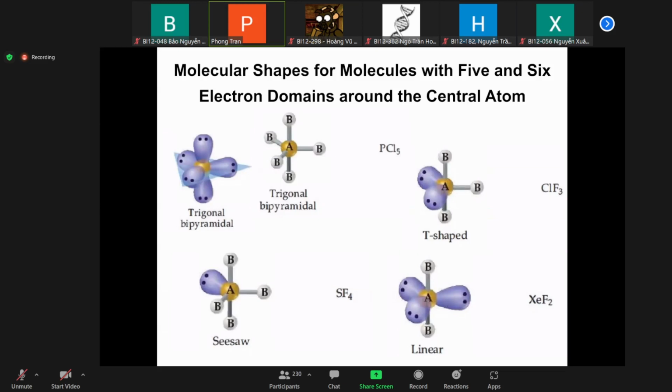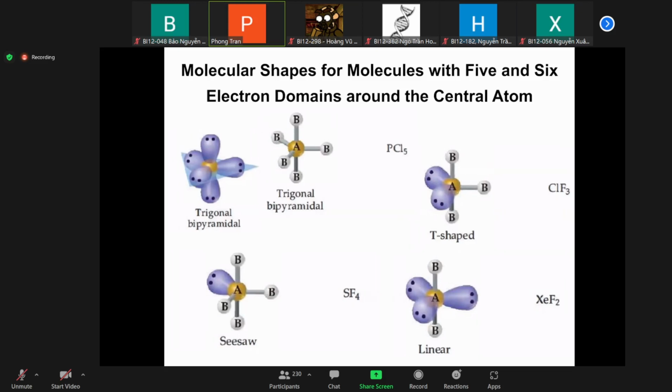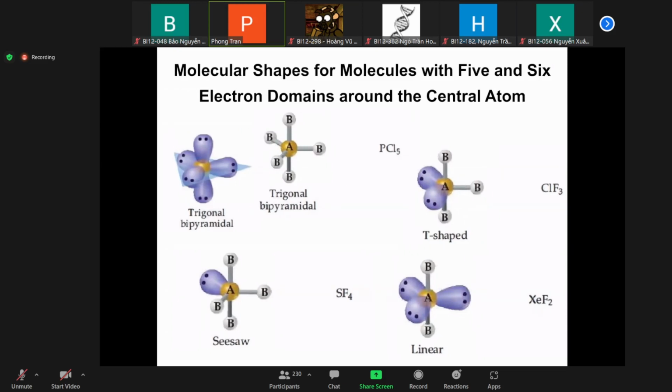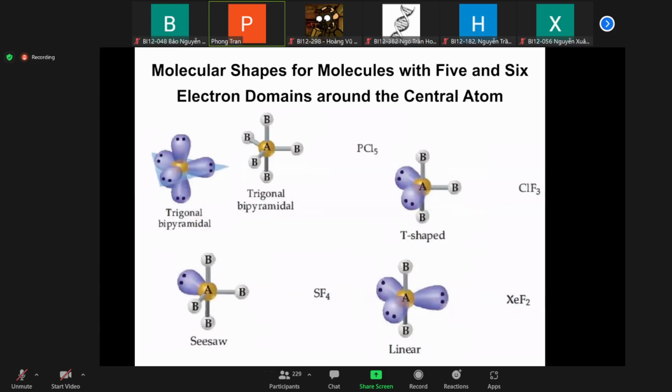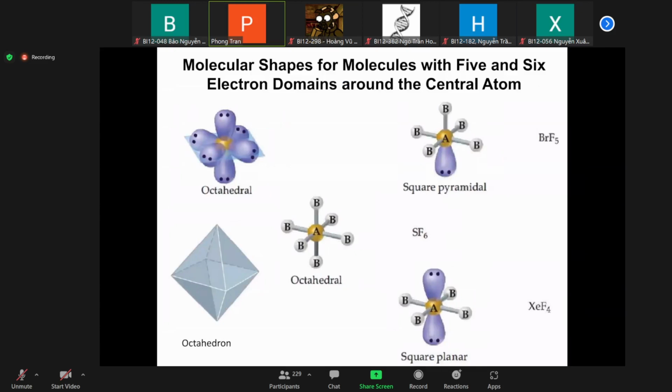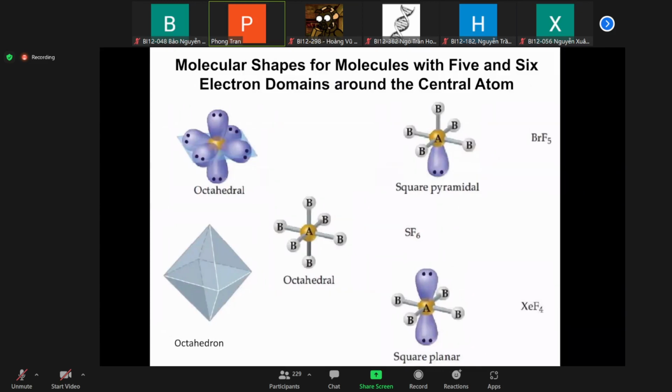When you have a linear compound, but the central atom actually has d orbitals, you have three non-bonding electron domains in the three different equatorial positions. The same goes for this one, which is not very important.